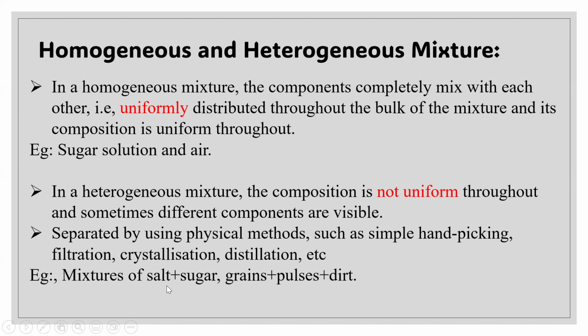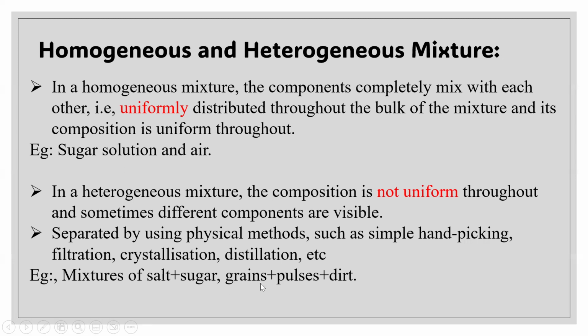Okay, when salt and sugar are mixed together, we can easily see which is salt and which is sugar, right? But in the case of a homogeneous mixture like sugar solution, we cannot separately see the sugar, and we cannot separately see the water. Both will combine together, and the separation is not at all visible in a homogeneous mixture, but in a heterogeneous mixture, the separation is easily visible.